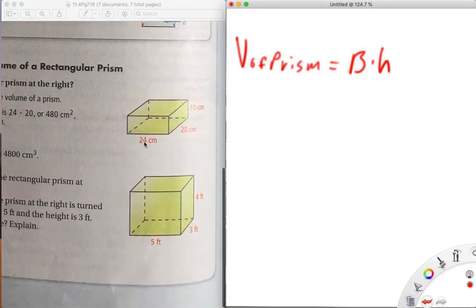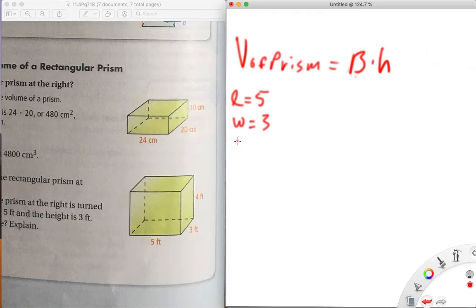So the example that they have here, we have a rectangular prism, and it's a rectangular prism because the bases are rectangles. Since it's a rectangle, to find the area of the base, it's going to be length times width. So the length of this rectangular prism is 5. The width is 3.